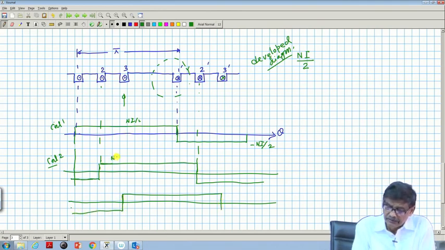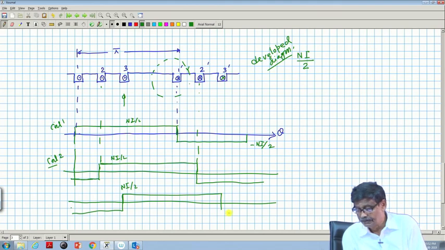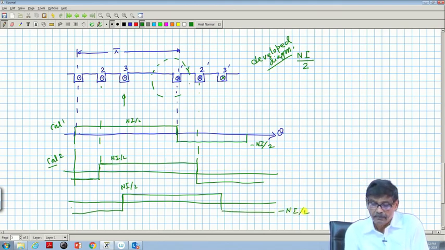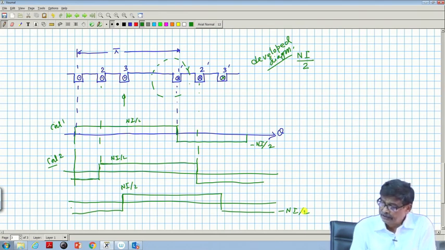This is also Ni by 2, this is also Ni by 2 and minus Ni by 2 and so on. Therefore, the resultant air gap. So, for individual coils I have found out separately.